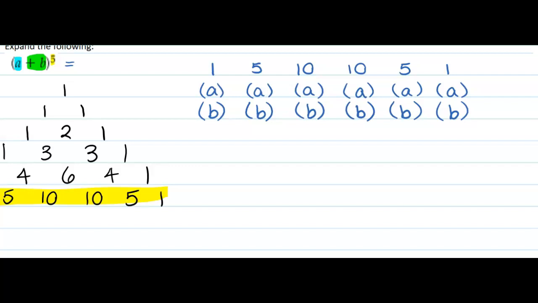Now I'm going to apply some exponents. I'm going to start here. It's to the 5th power, so I'm starting with a 5, 4, 3, 2, 1, 0. Now I'm going to start on the right side and do the same. 5, 4, 3, 2, 1, 0. If it helps, you could kind of put this into more of a chart form.